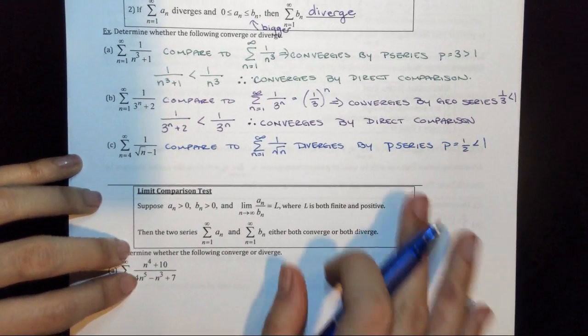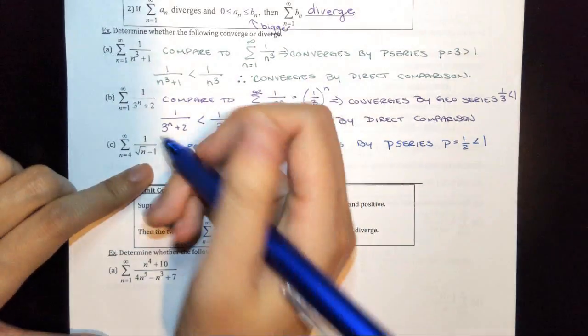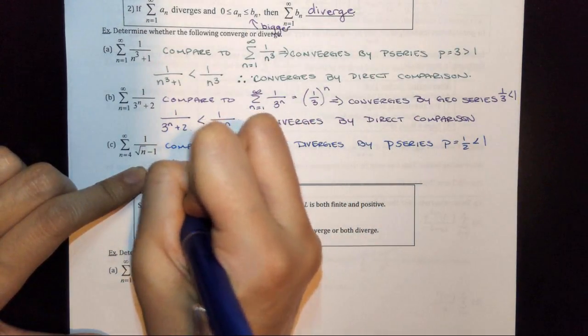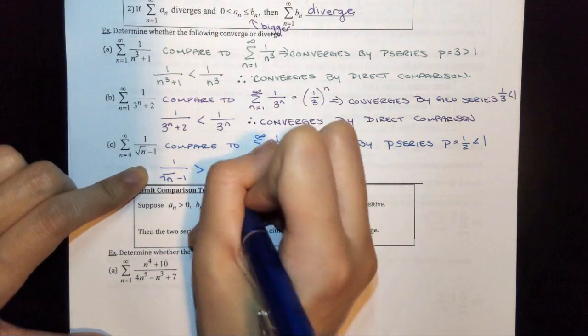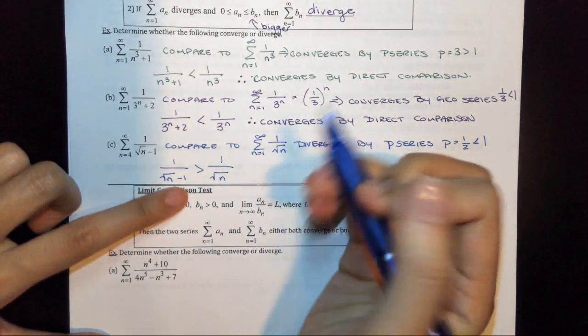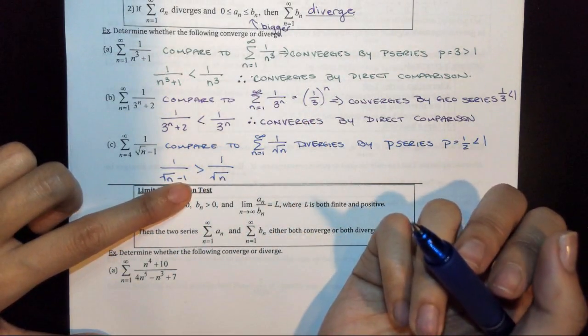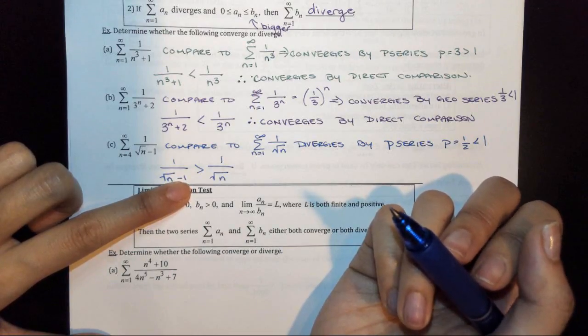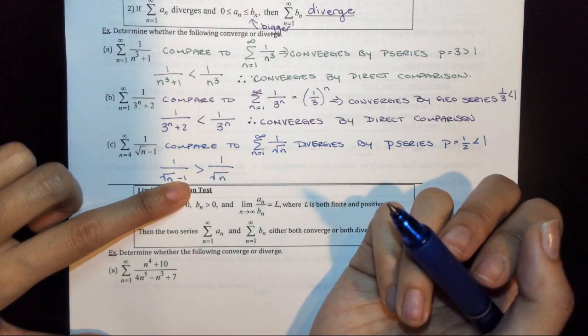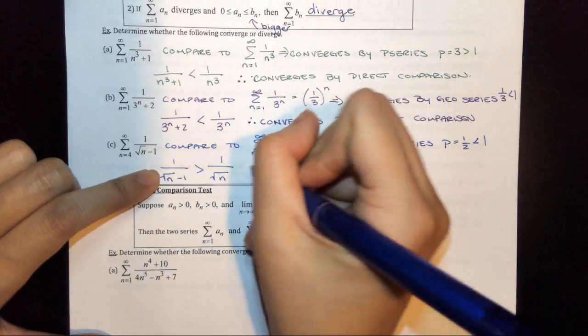And since this one diverges, what I want to prove is that 1 over root n minus 1 is bigger than 1 over root n, which I can say because it's minus 1, so it's increasing the size of the number.